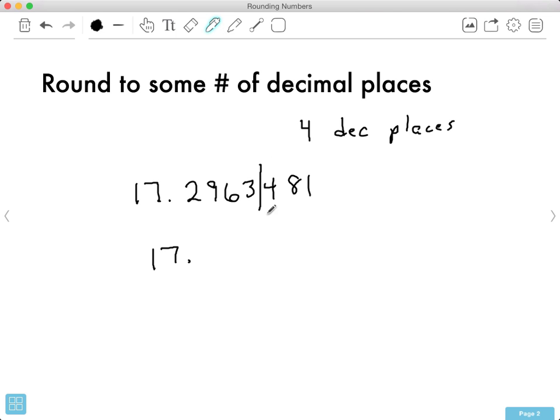So we have a little imaginary line there. We look at the very next number. Now again, the rule is if that number is 5 or higher, round the 3 up 1. If this number is 4 or lower, which is the case here, you leave this number alone. So 17.2963 would be the final properly rounded answer there.